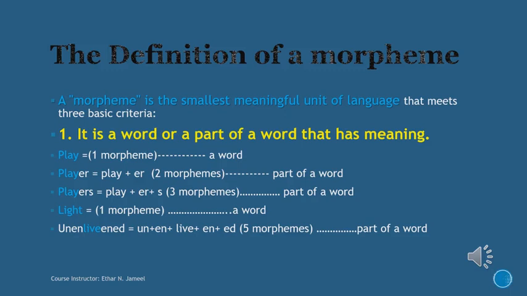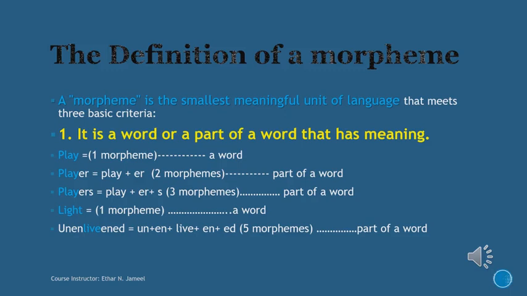Play has a meaning, and er has a meaning. So the word player consists of two morphemes, and each one is a part of the word player, and each one has meaning.